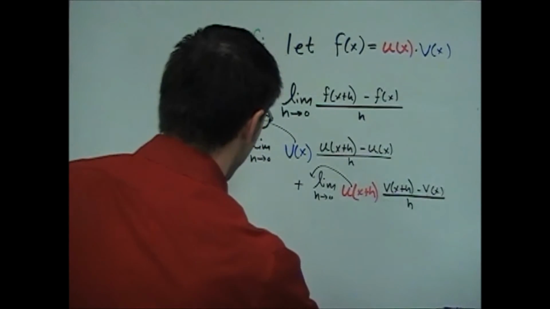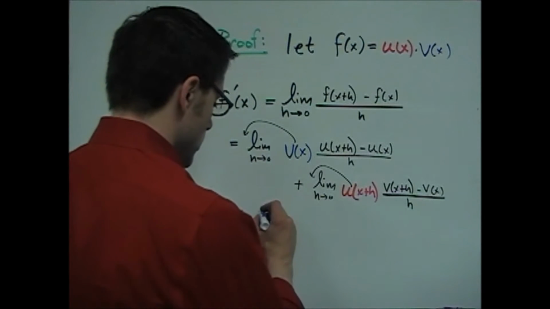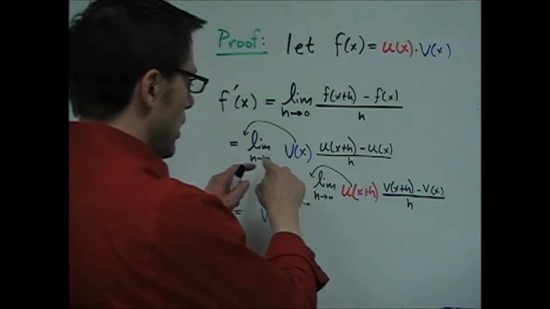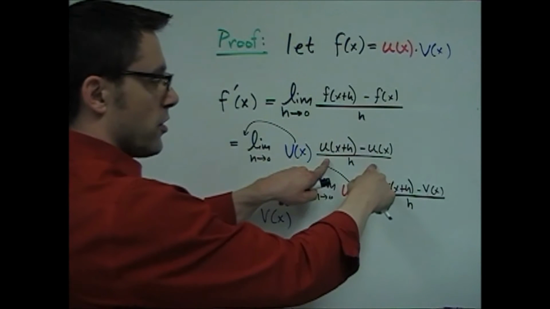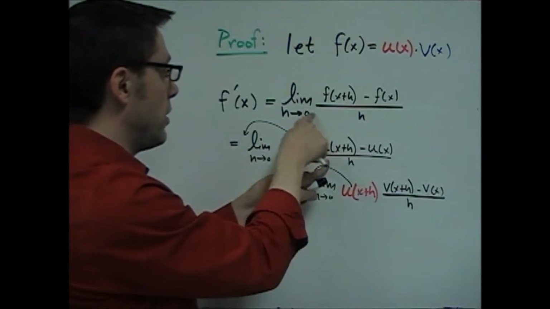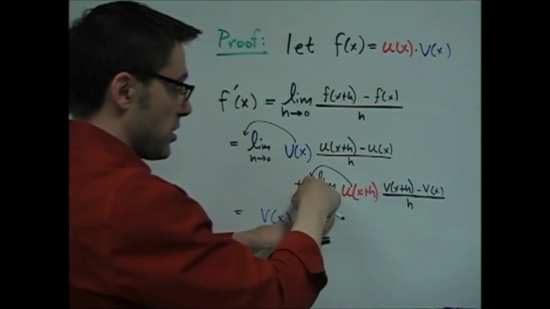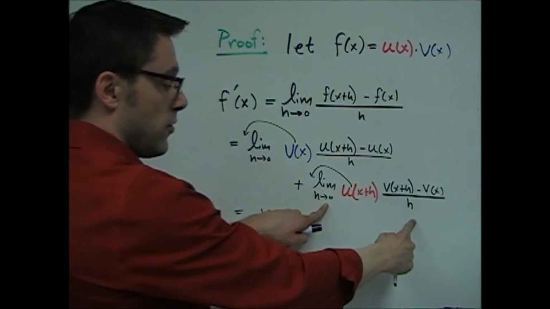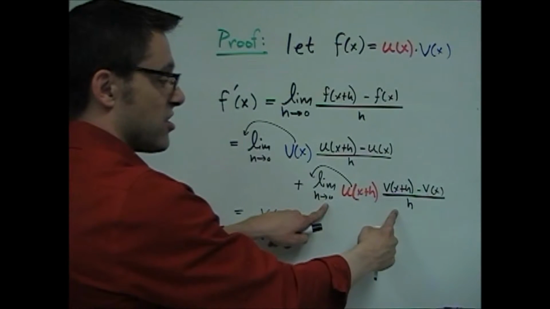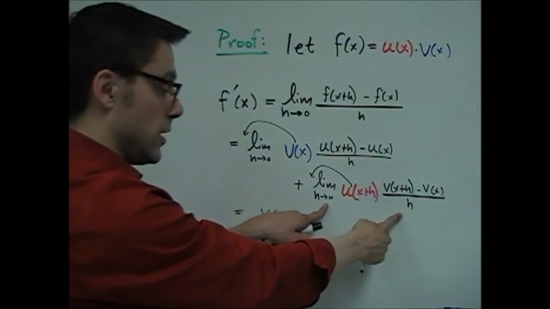And so essentially I can rewrite these in the very end as this is going to be v of x. Again, when you put the limit in front of this difference quotient, it's just a derivative, right? That's exactly how we define the derivative of a function. It's just that instead of f, we have u. And similarly here, when this comes out, you get u multiplied by this difference quotient with a limit. And again, it's the derivative of whatever this function is. In this case, it's called v.